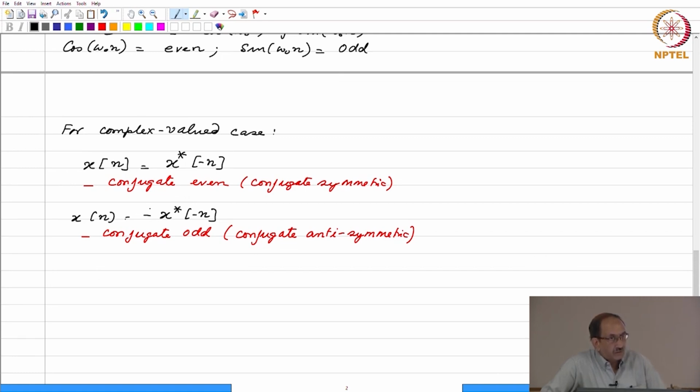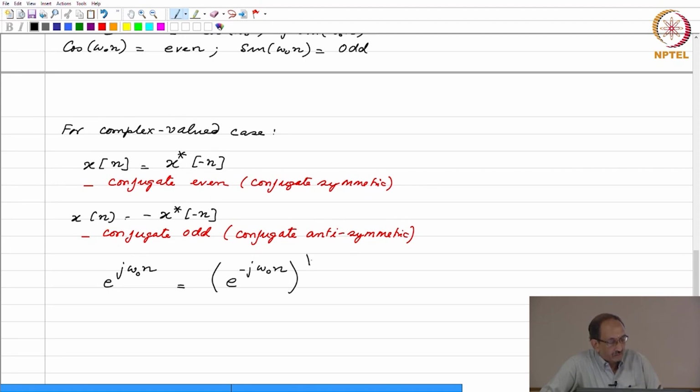On the other hand, if you consider the signal e to the j omega naught n, this is the same as, first of all you need to replace n by minus n and then take the complex conjugate. So if you replace n by minus n, this becomes e to the minus j omega naught n, and then you need to take the complex conjugate.